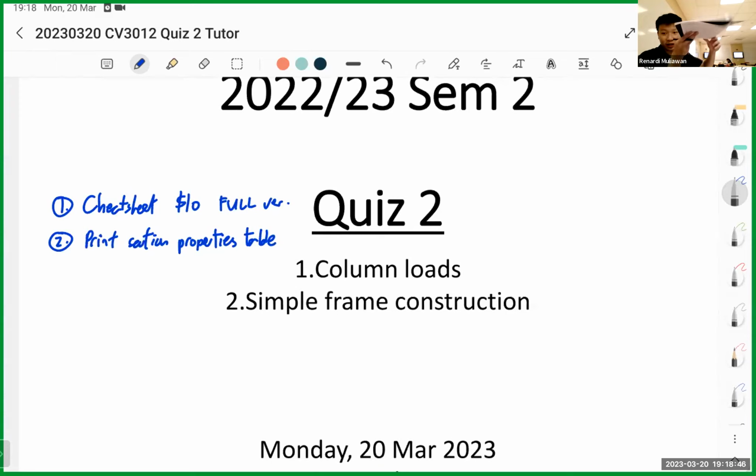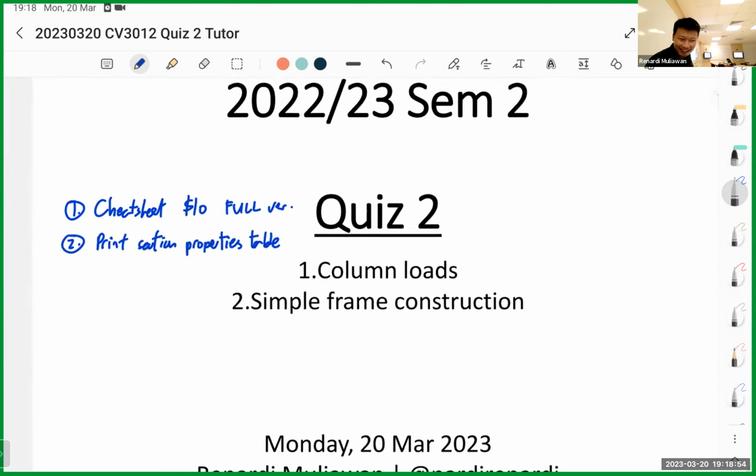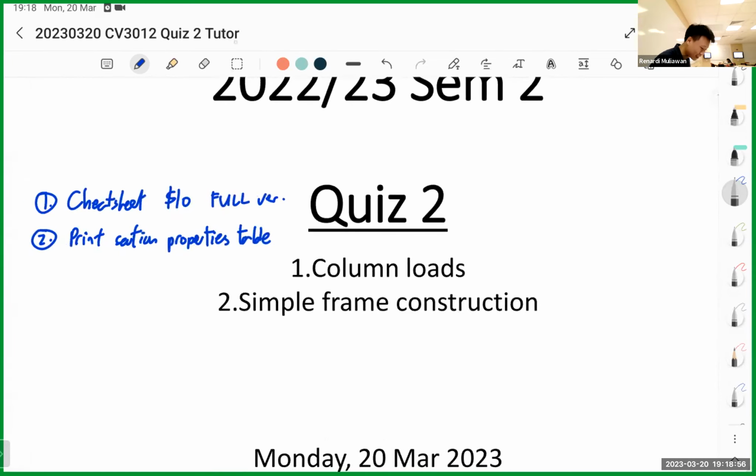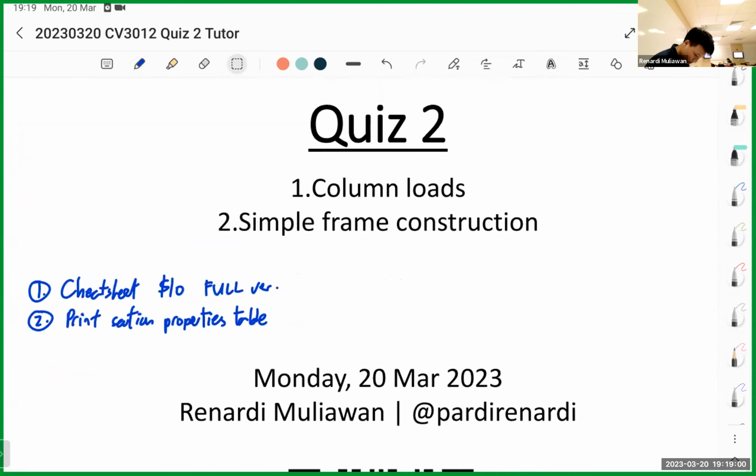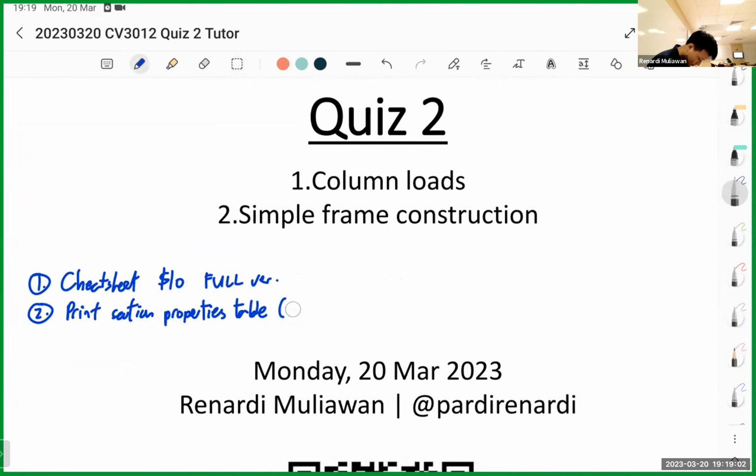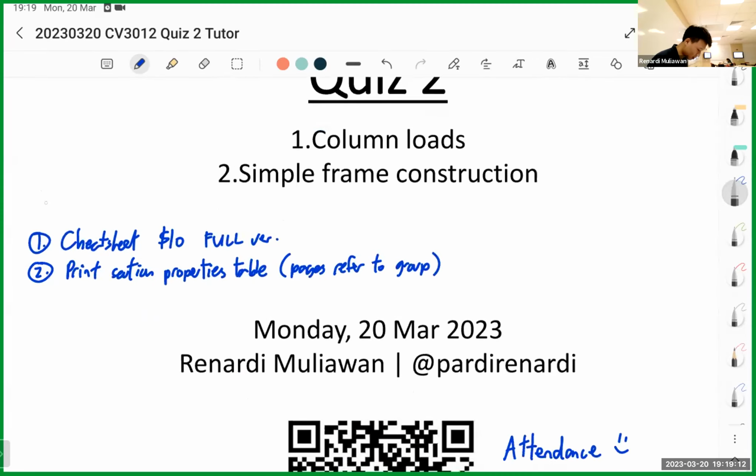It's supposed to be only this thick, around 100 pages, divided by 2, so 50. Yeah, don't print the whole 700. Refer to the group. These are 2 reminders.